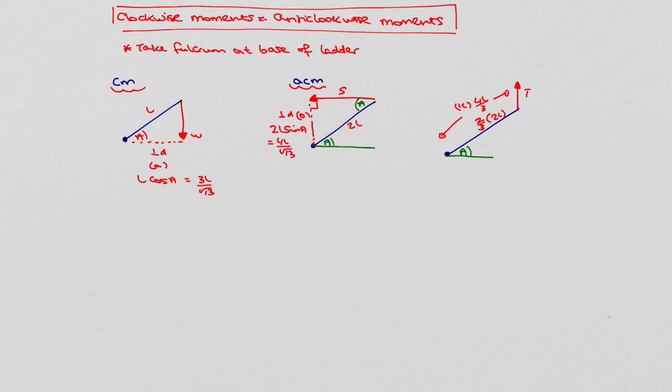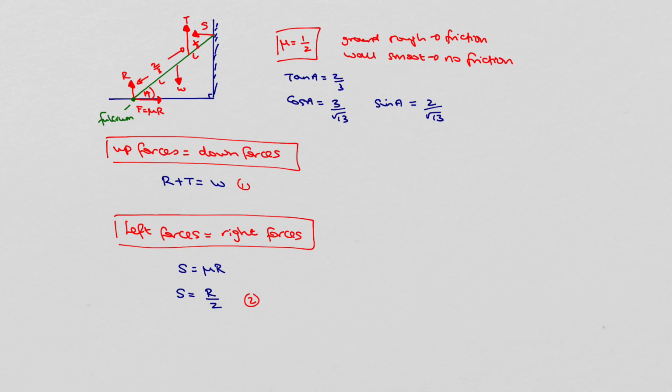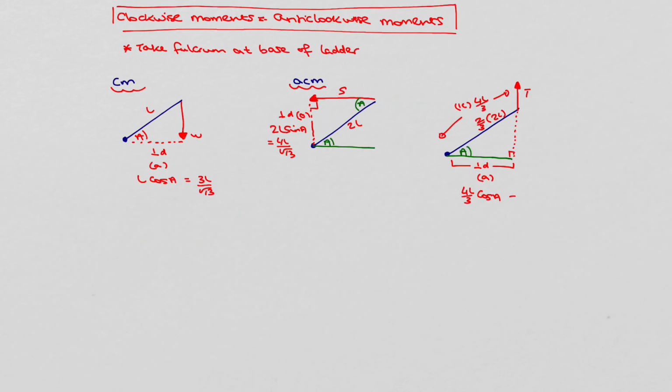And therefore if we're looking for the perpendicular distance, well, here's my line of action of the tension. So again, I can actually see if I join across there that this is my perpendicular distance then, which is the adjacent. And the adjacent is H cos theta. So therefore that's going to be 4L over 3 cos A, and cos A we said was 3 over root 13. So therefore that's going to be 4L over 3 times 3 over root 13, which is 4L over root 13.